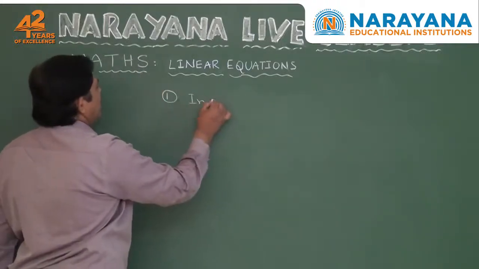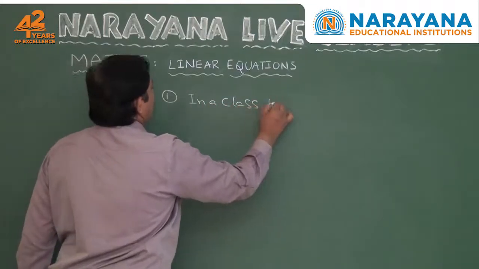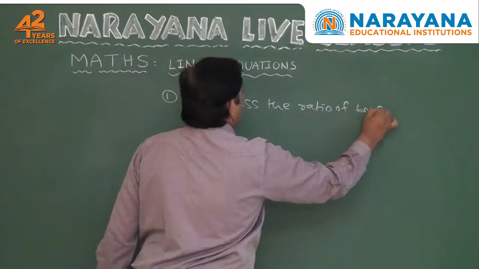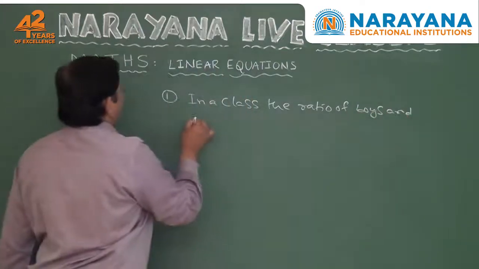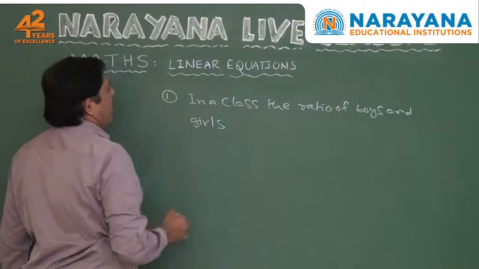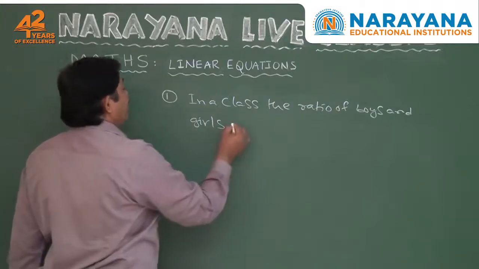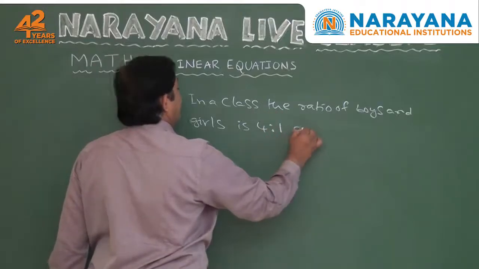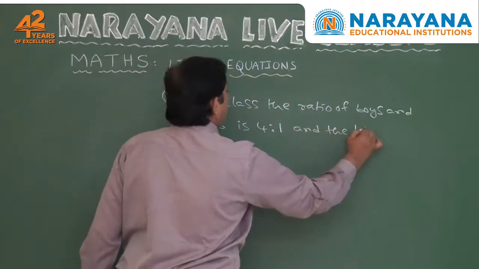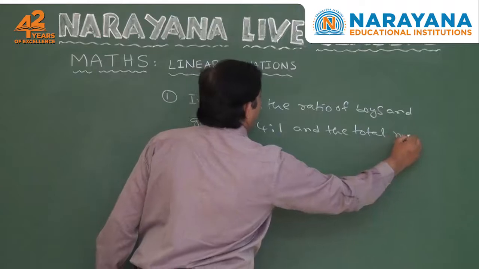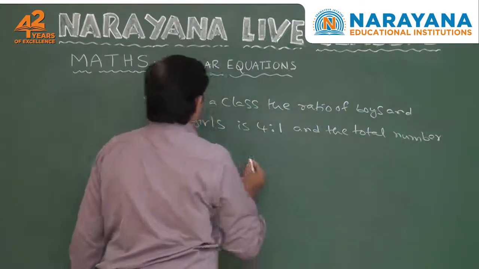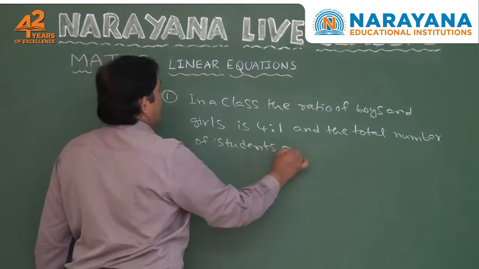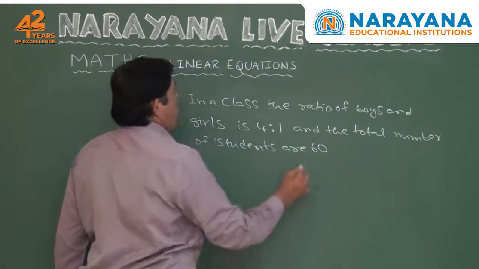In a class, the ratio of boys and girls is 4:1 and the total number of students is 60.